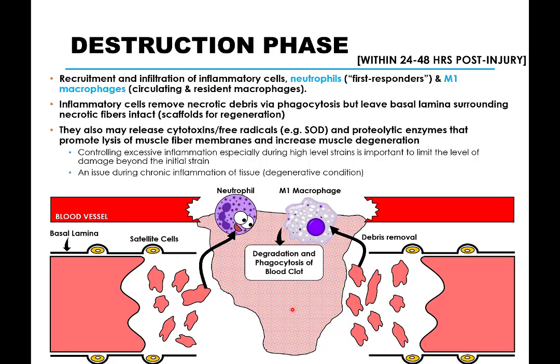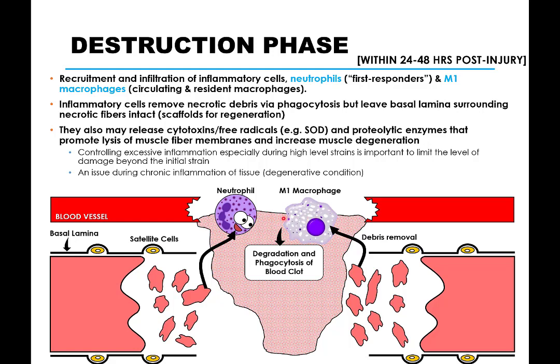And the way these cells do this is through a process called phagocytosis. Now, I'm not going to go into a whole lot of detail on the process of phagocytosis, but generally speaking, it's a process by which the membrane of these inflammatory immune cells engulf these necrotic particles and degrade them inside the cell through a digestion process otherwise described as lysis.